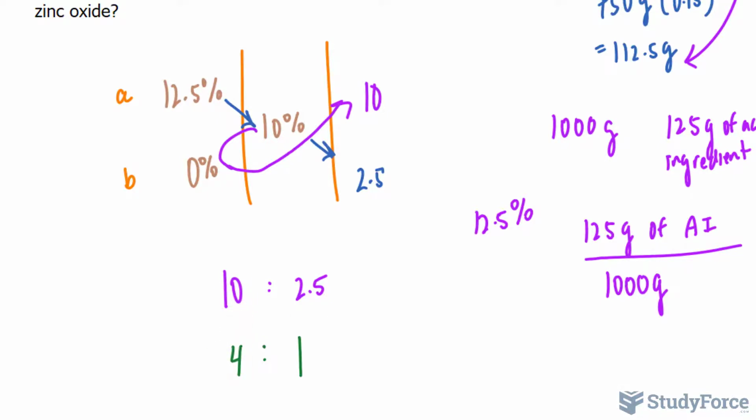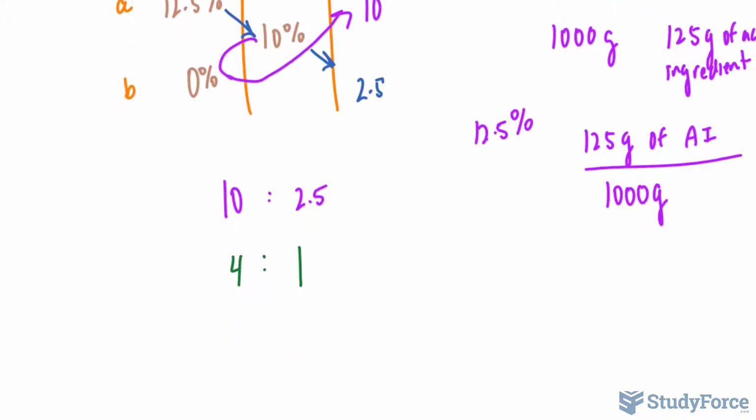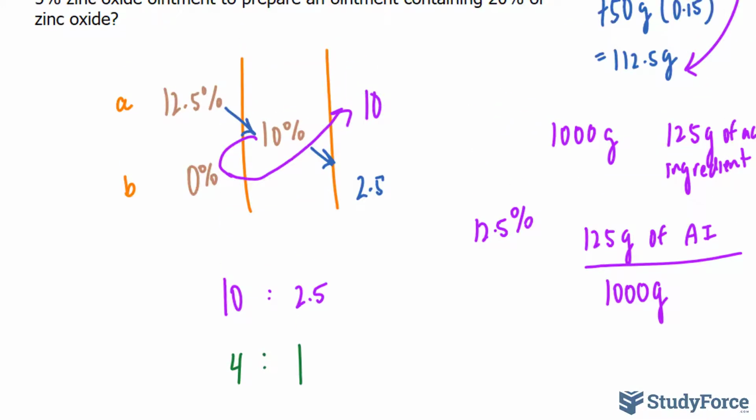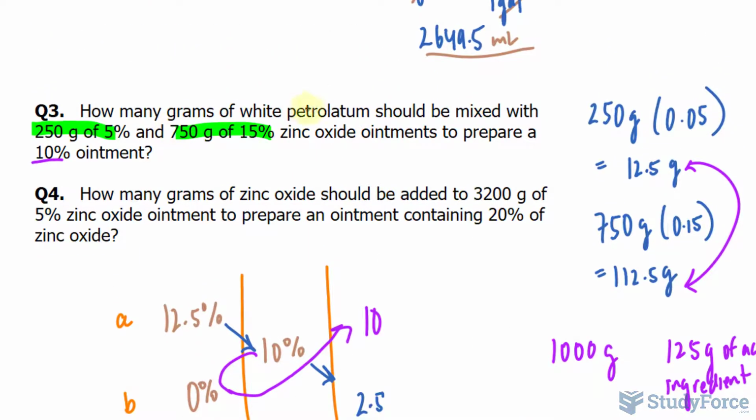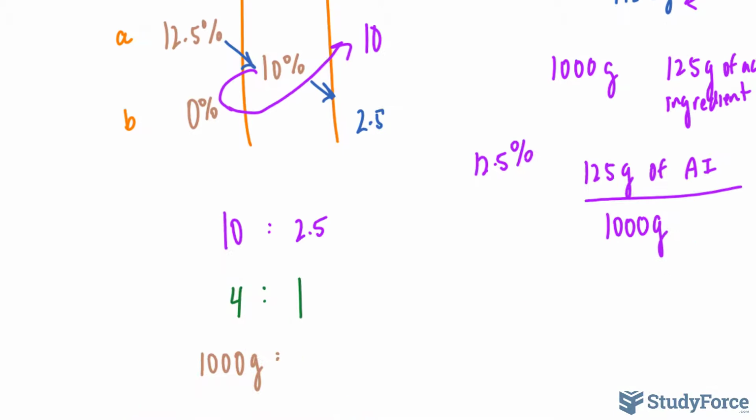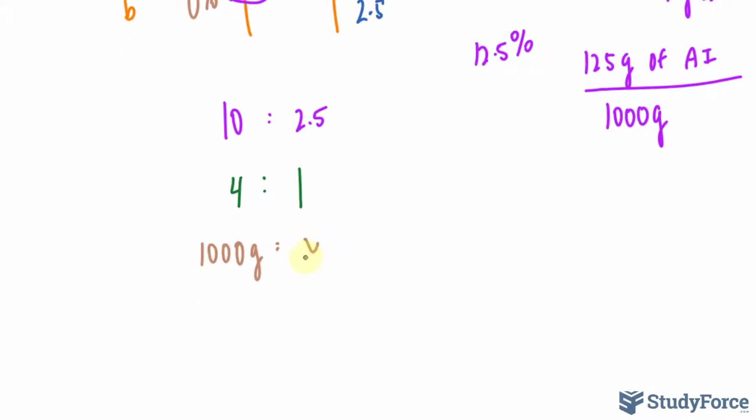The mass of this mixture is 1,000. So I'll place that value underneath, 1,000 grams. And the amount of mass, which is what we're looking for in the question, how many grams of this jelly do we need, is unknown. So I'll place an X underneath.